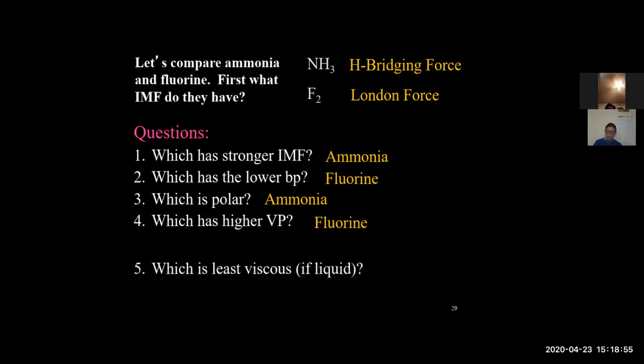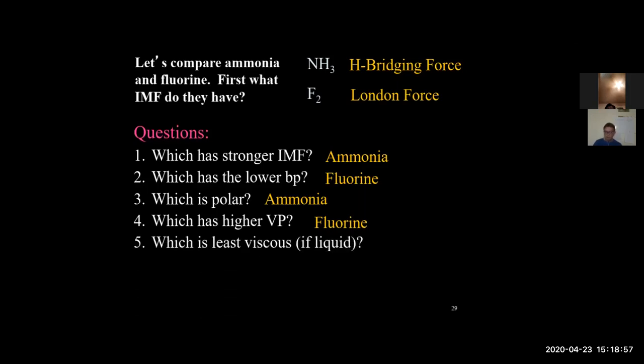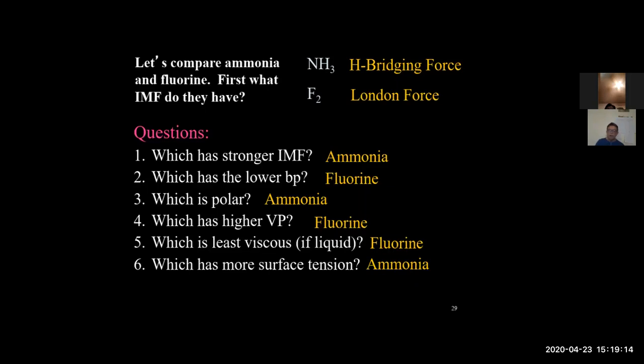Then the question is, which is the least viscous? Okay, so fluorine with a weaker force would be the least viscous. And finally, I believe the last one, which has more surface tension, and ammonia will have the more surface tension because of its stronger IMF interaction.